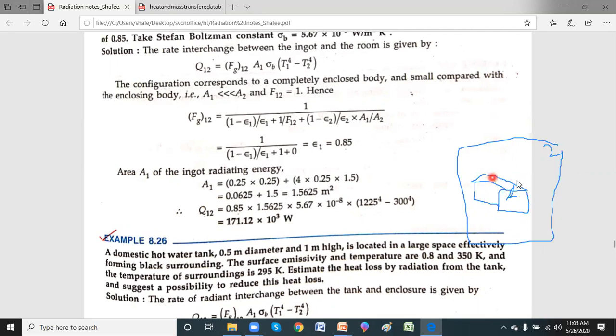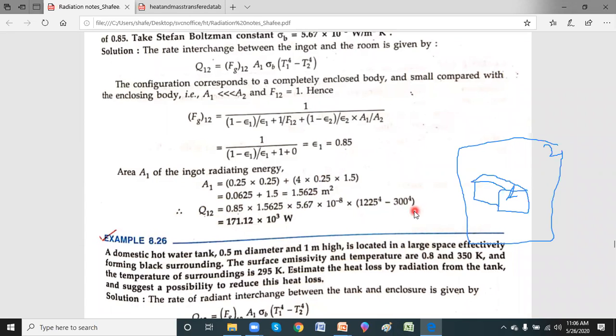Totally there are 4 rectangular surfaces, each with area 0.25 into 1.5. So the total area of the casting is 0.0625 plus 1.5, that is 1.5625 square meters.